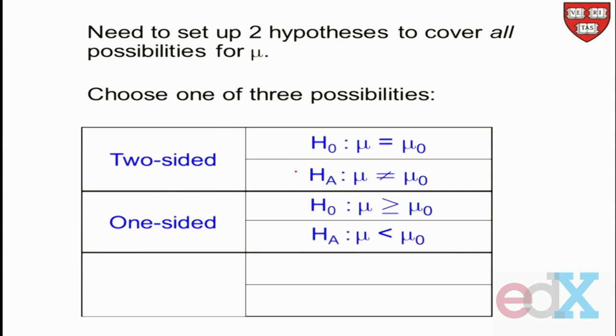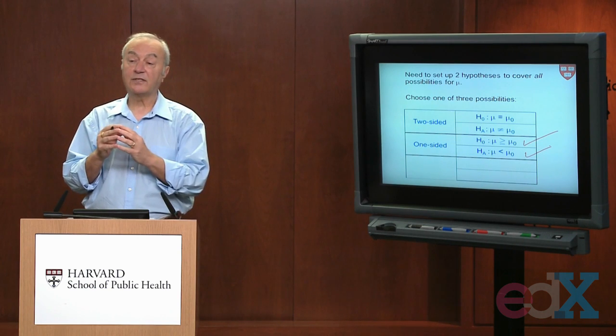Another way of viewing this is a one-sided hypothesis. So here we're interested in whether mu is bigger than or equal to mu naught. That's the null hypothesis, versus the alternative that mu is less than mu naught. So in this case, we would look for deviations between x bar and mu in the negative direction.